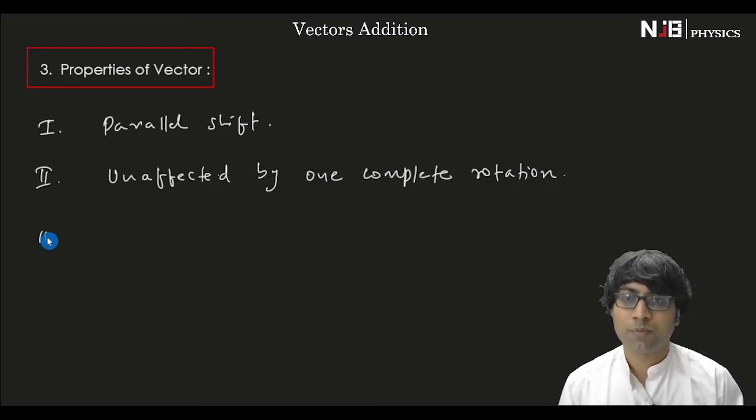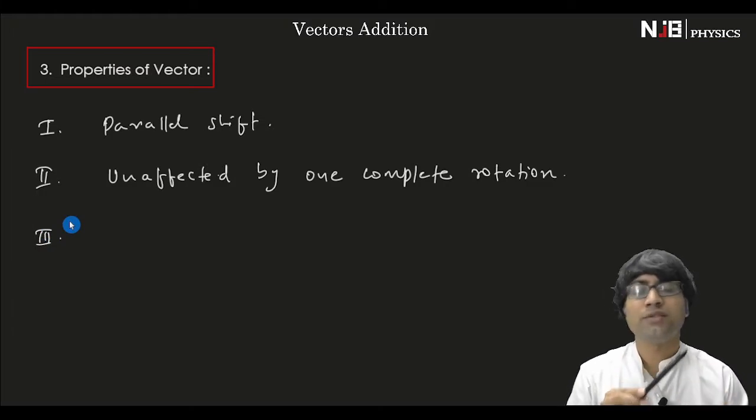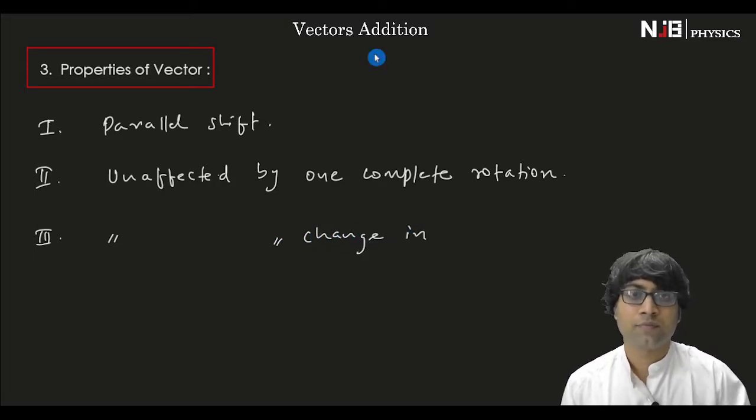Let's talk about the third property of the vector. Well, if you have a vector and you change the observer, then the vector is unaffected by the fact that the observer has been changed. That means a vector is unaffected by the change in frame of reference or the change in observer. So we can write it over here that a vector is unaffected by change in observer.